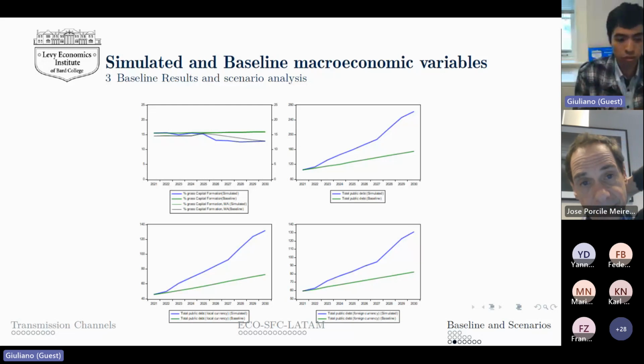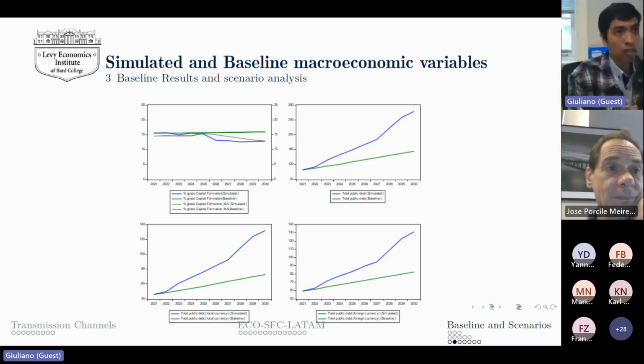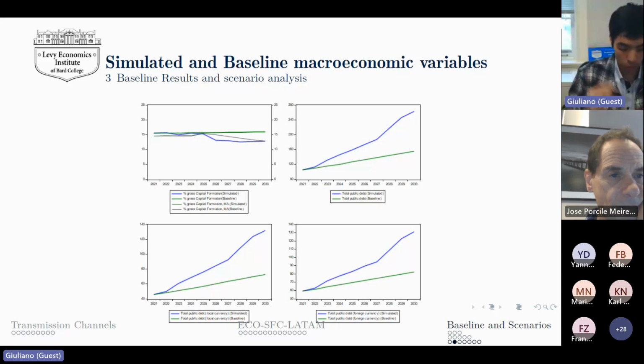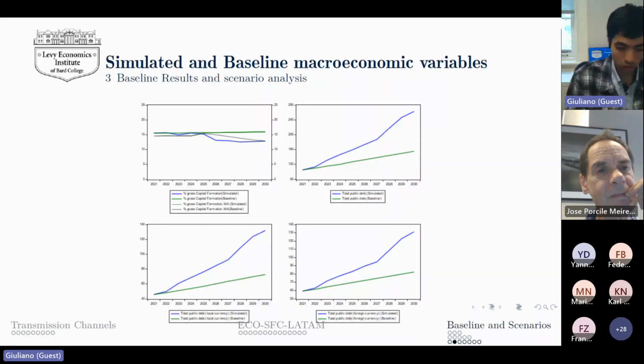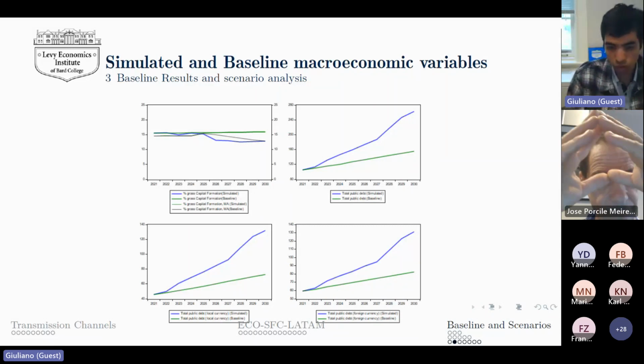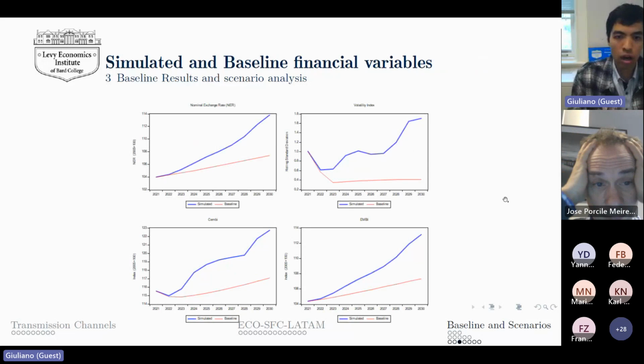So as an effect, we'll have a reduction in the private expenditure, which then will trigger, if you remember the channel, we did postulate that the government will intervene to compensate for this fall in private expenditure, triggering also a dramatic increase in public debt, either denominated in domestic currency or in foreign currency.